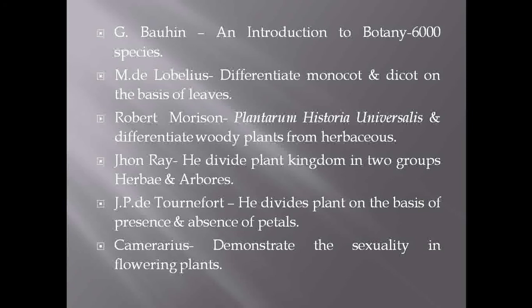Then the scientist John Ray divided the plant kingdom into two groups, herbae and arborae. Under herbae, he included all the non-flowering plants, while in the other group he included all the flowering plants, dicot and monocot.